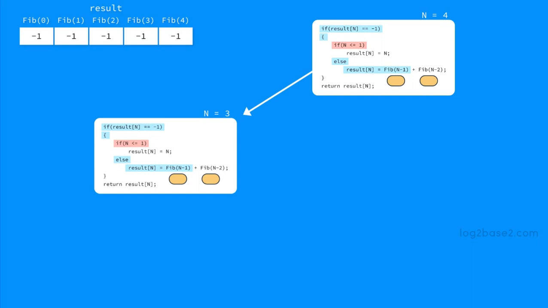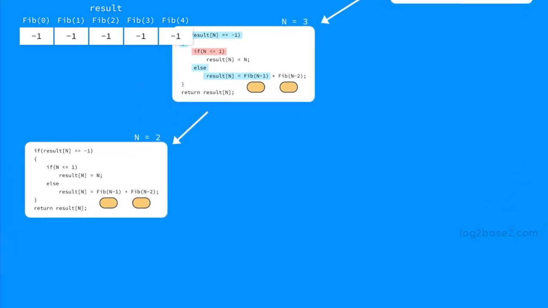So fib of 2 is called. And here also, first we are checking if result of n is equal to -1. And it is -1. So it means it is not solved yet and we need to compute the result. So check if n is less than or equal to 1. And since n equal to 2, it fails. So the else part will be executed.